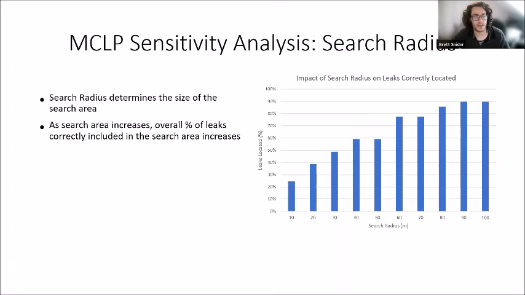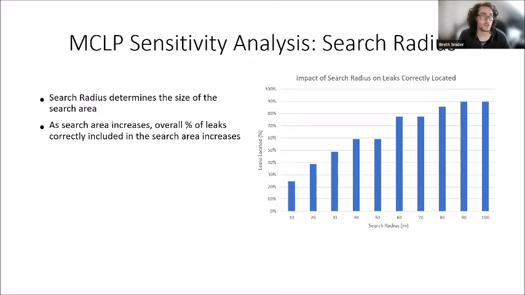So the next thing that we analyzed is the search radius. The larger the search radius, the larger the search area, and therefore it is much more likely to include the event, or the leak in this case. So here you can see as the search radius increases, the number of leaks located increases as well. Again, this needs to be set by the utility for their specific preference.